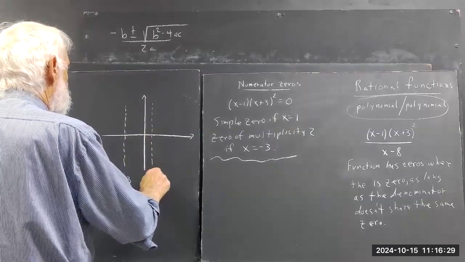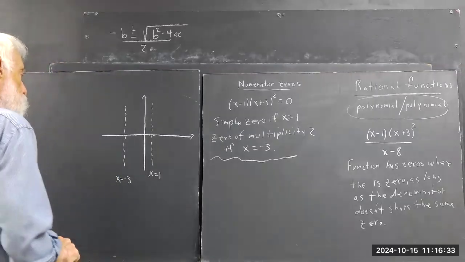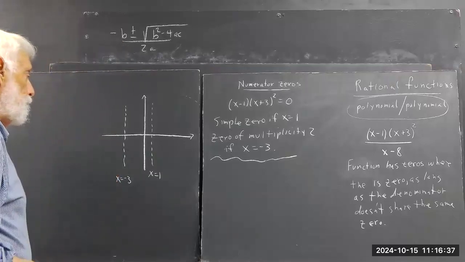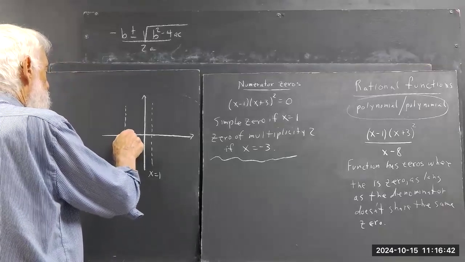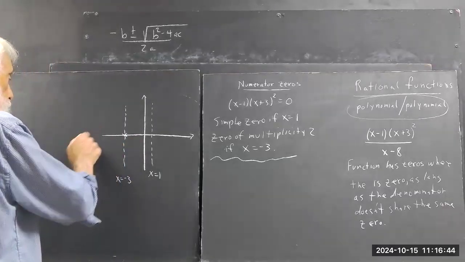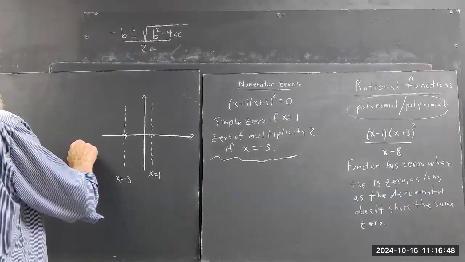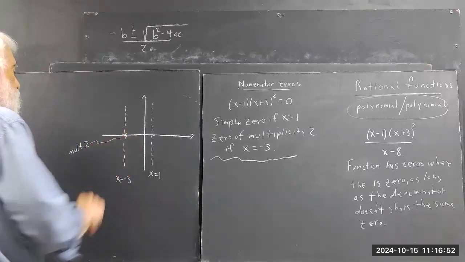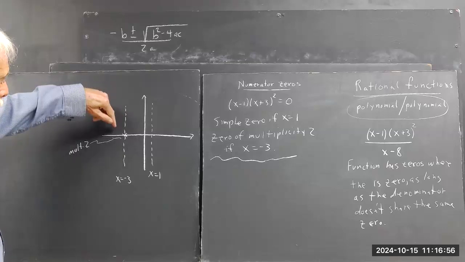X equals 1 here. And I note that this 0 at x equals -3 has multiplicity 2. So that when we hit the 0, if we're coming in from above, it's going to be shaped like this.